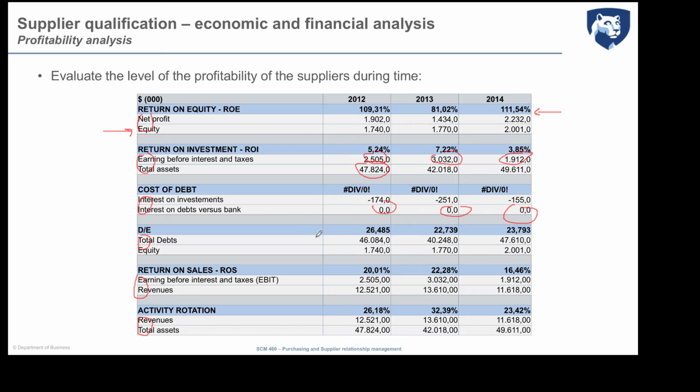And you see, this is weird, and I can explain that because this company has a lot of short-term debts. On short-term debts, usually you don't have to pay long-term interest because, despite it doesn't have interest on debts versus banks in the long term, the structure of the debt versus equity is balanced in favor of debt.